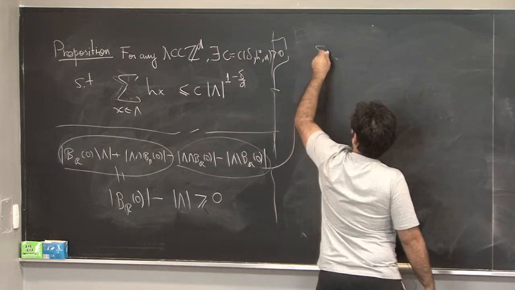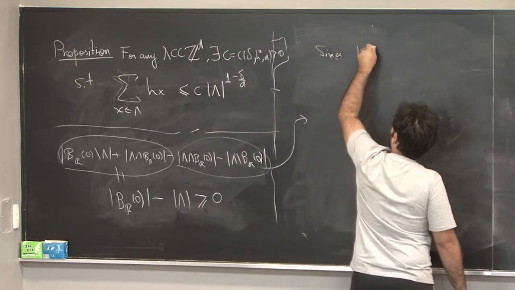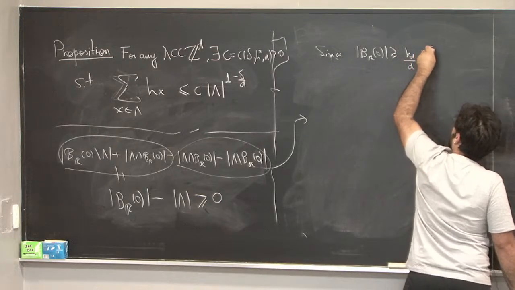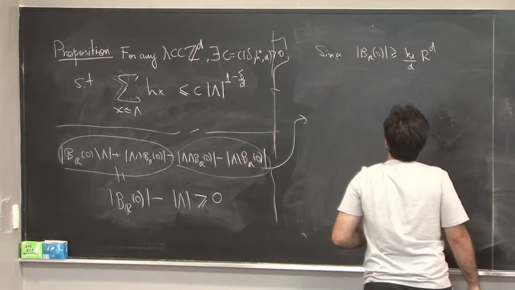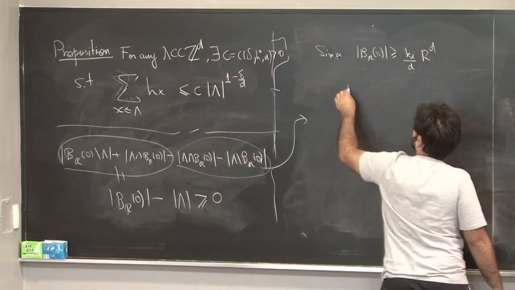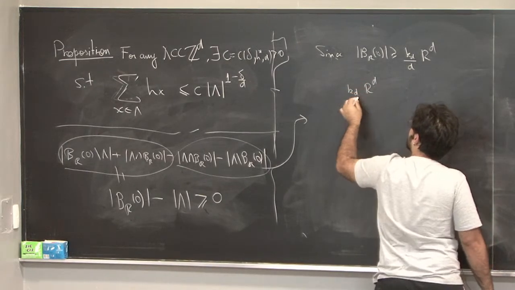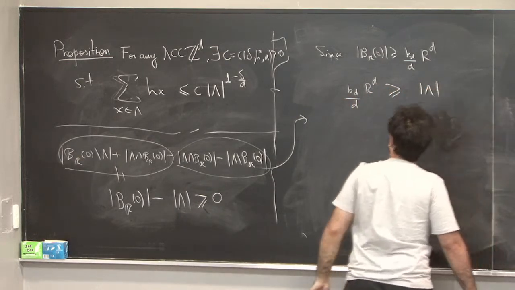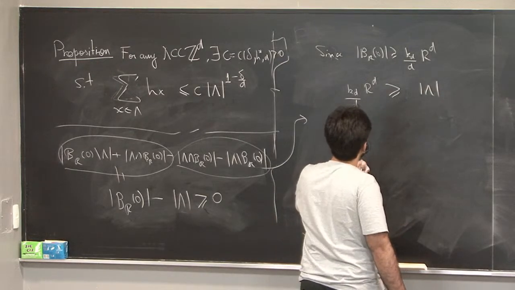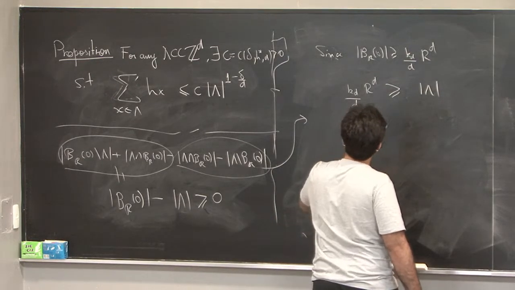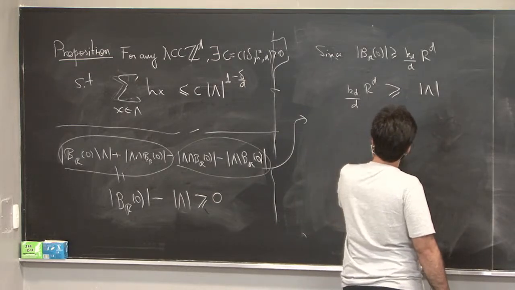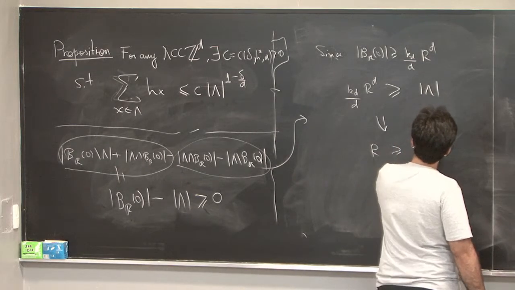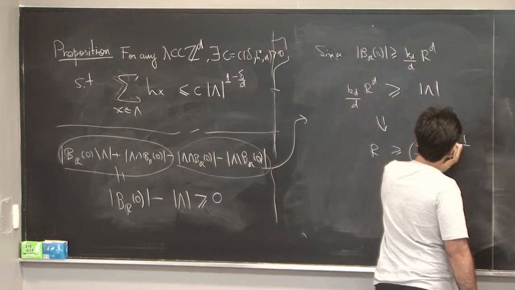So since the ball has more than k_d over the r to the d points, if I choose some r that's larger than lambda, it will be enough. So you just choose r, an integer, larger than d over k_d times lambda to the power 1 over d.